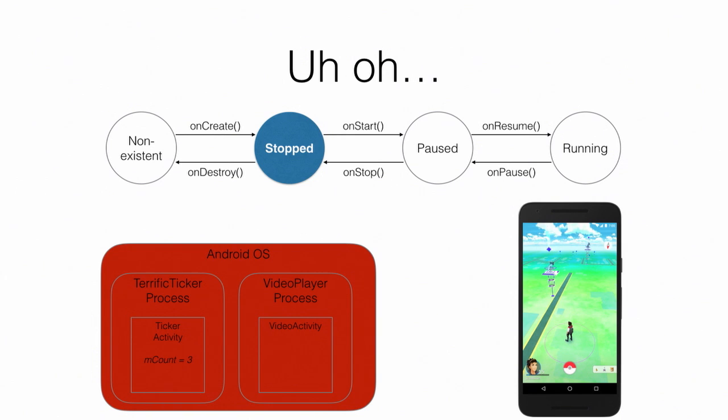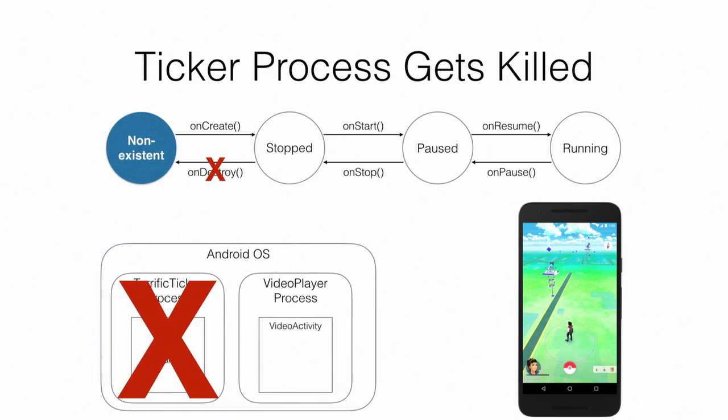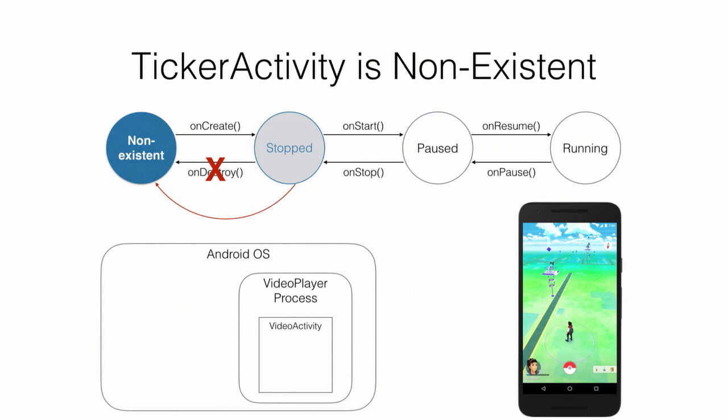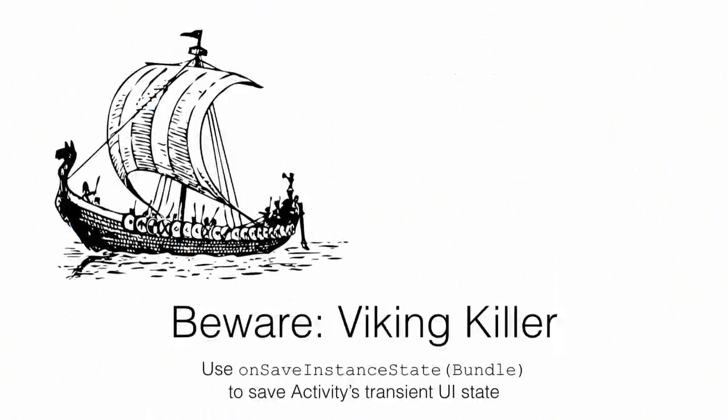It's no longer visible to the user, so it is fair game for the operating system to completely destroy your entire process. When it destroys your process, it's going to destroy any activity instances or anything you had stored in there. So your activity is going to jump from the stopped state to the non-existent state. And by the way, onDestroy will not get called, but ultimately your activity is gone. All right, the message here is beware the Viking killer.